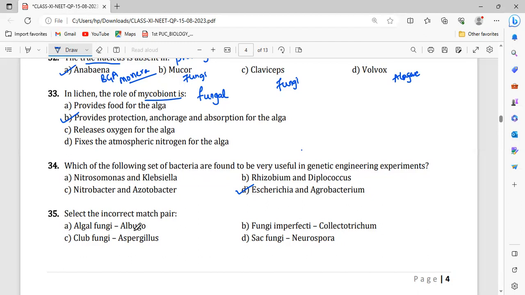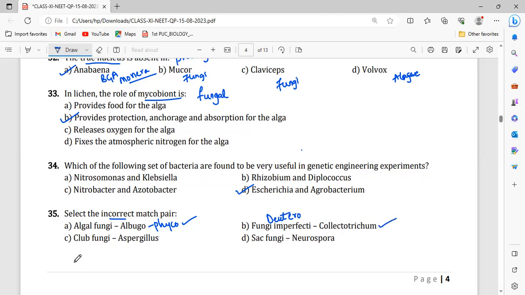Then 35, select the incorrect pair. Here, Albugo belongs to algal fungi, that is Phycomycetes. Yes, it is correct. Fungi imperfecti, that is Deuteromycetes, example Colletotrichum, that is also correct.